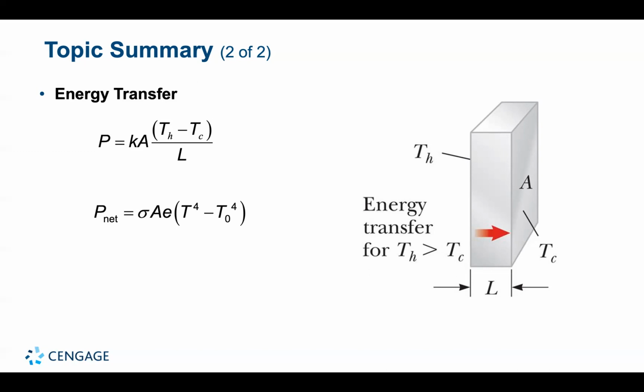Energy is transferred by convection as a substance moves from one place to another. All objects radiate from their surface in the form of electromagnetic waves at a net rate of P net, where T is the temperature of the object and T0 is the temperature of the surroundings. An object that is hotter than its surroundings radiates more energy than it absorbs, whereas a body that is cooler than its surroundings absorbs more energy than it radiates.